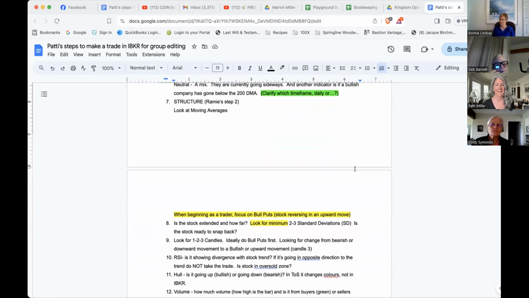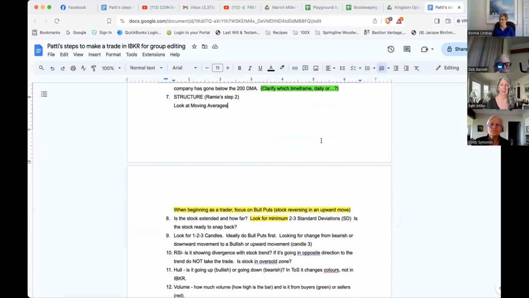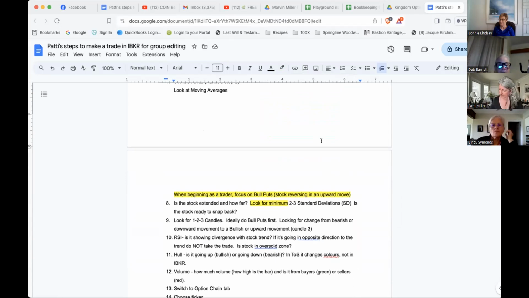But what I was thinking is I can put in a bullish market, the moving averages will start at the bottom with the 200 as the foundation, then the 50, the 21, and the 8.